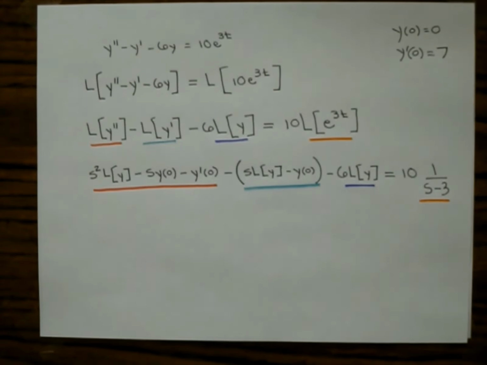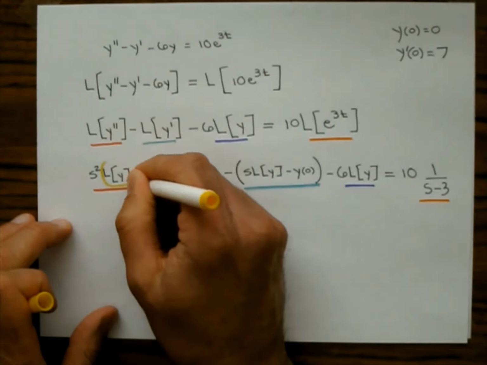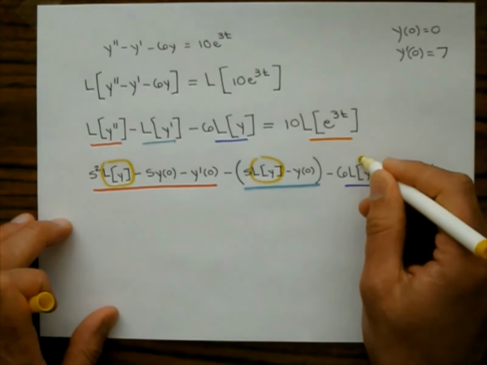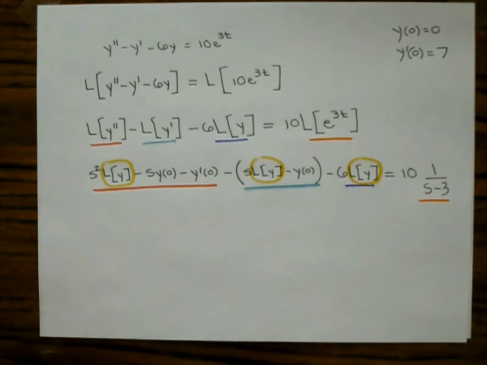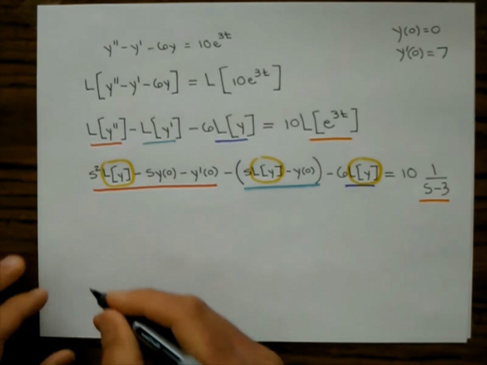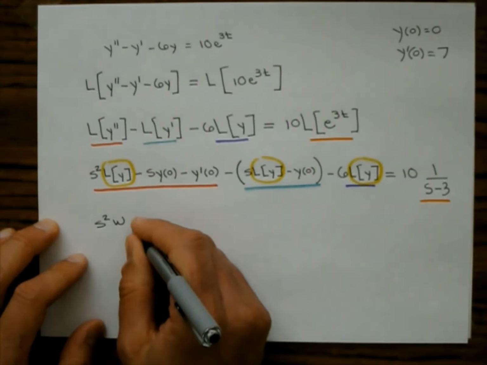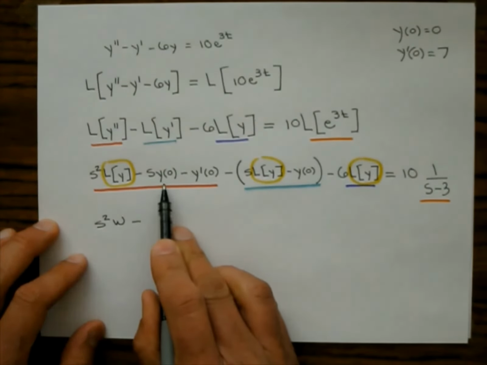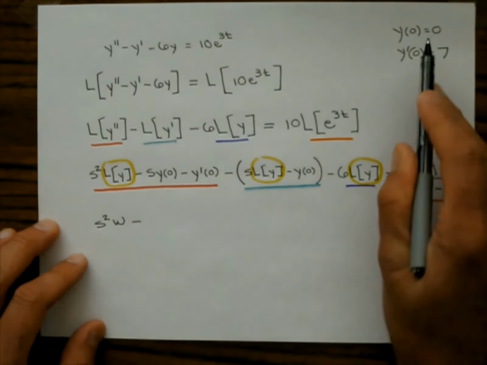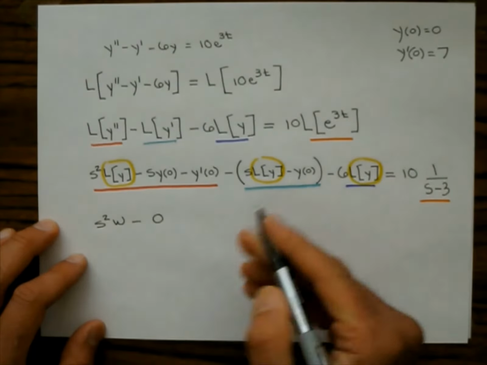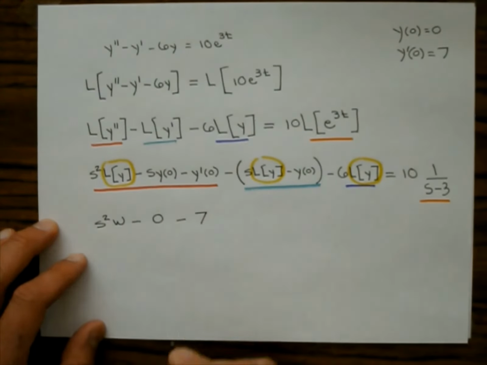I don't want to write the Laplace transform of y again and again, so I'm going to replace those with w. So I have s squared w minus, and now I put my initial conditions in. y of 0 is 0, so minus 0, and then minus y prime of 0, so minus 7.